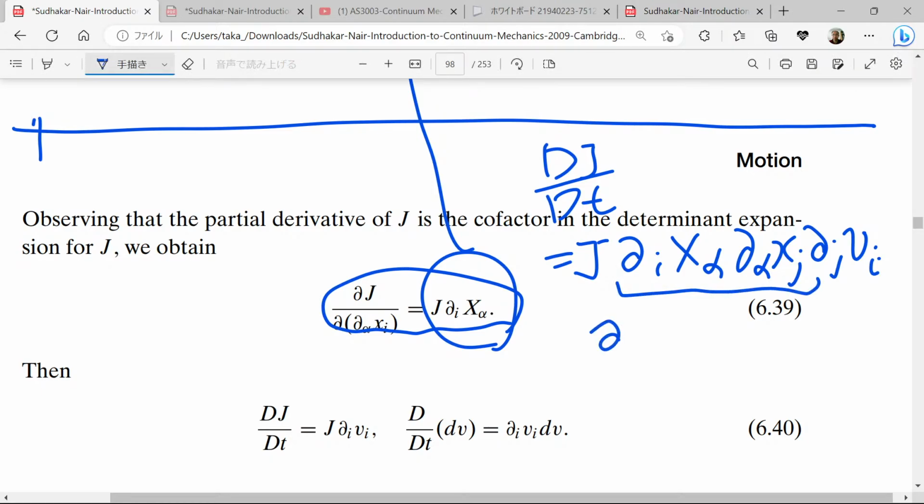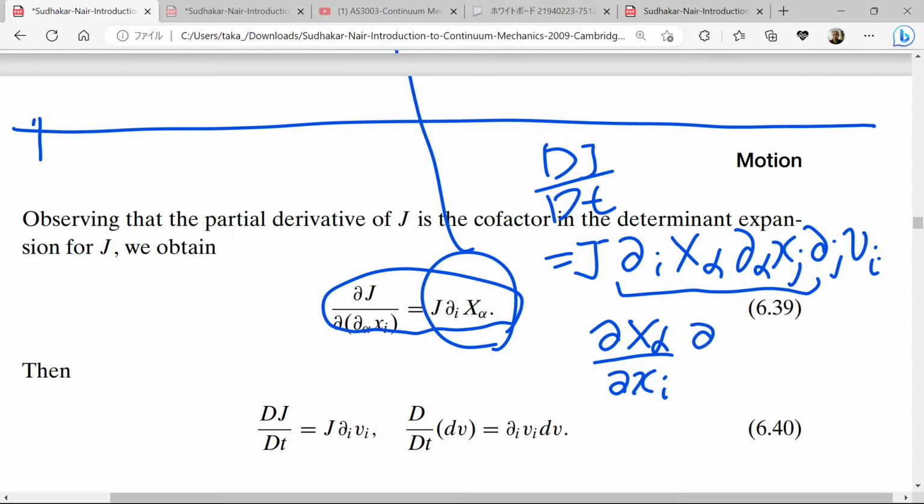It is like partial x alpha, partial small xi, and partial small xj, partial large x alpha. Yeah, so we can put the order this way.